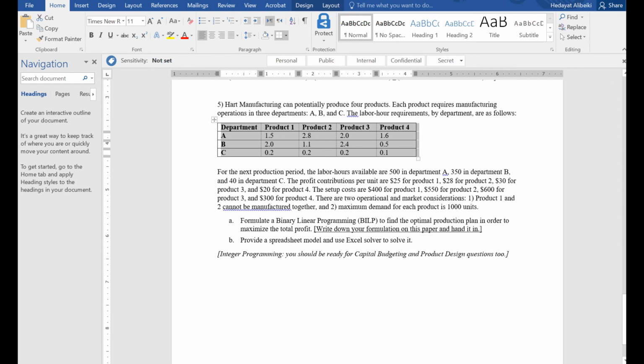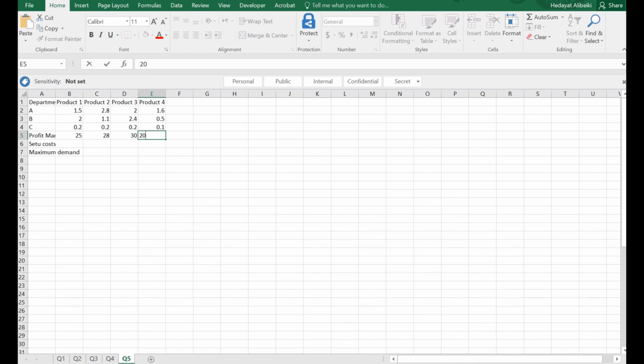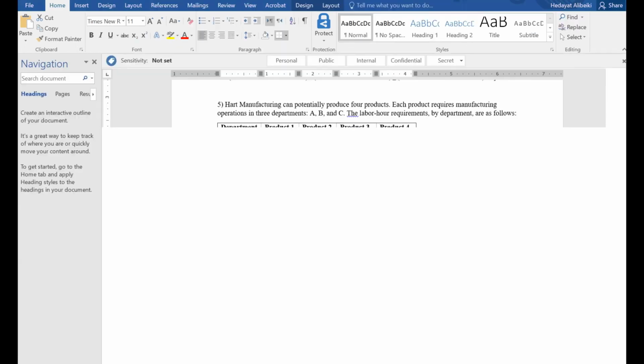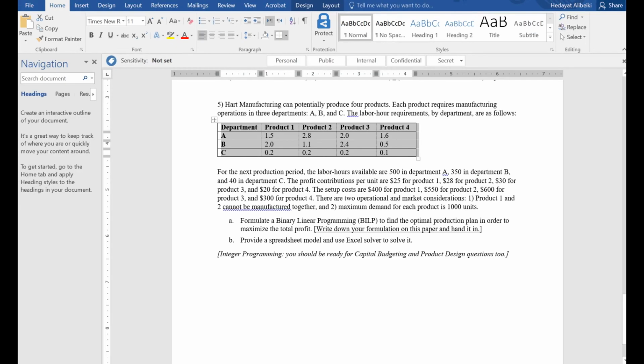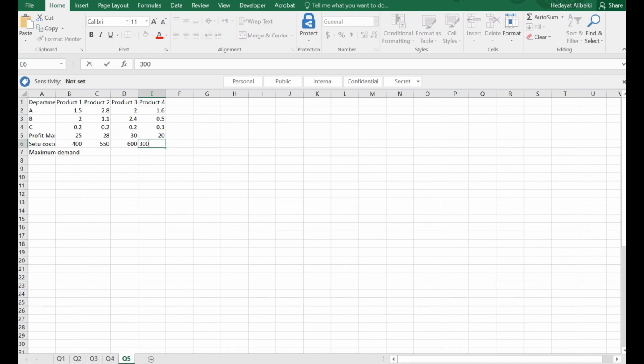Setup costs for product 2 is 455, and 600 and 300. And the maximum demand for each one is 1000, fixed.